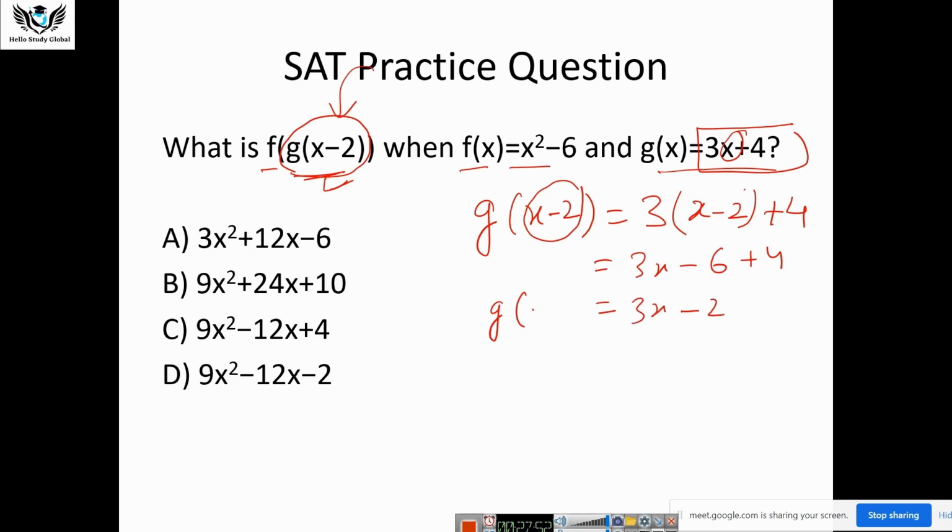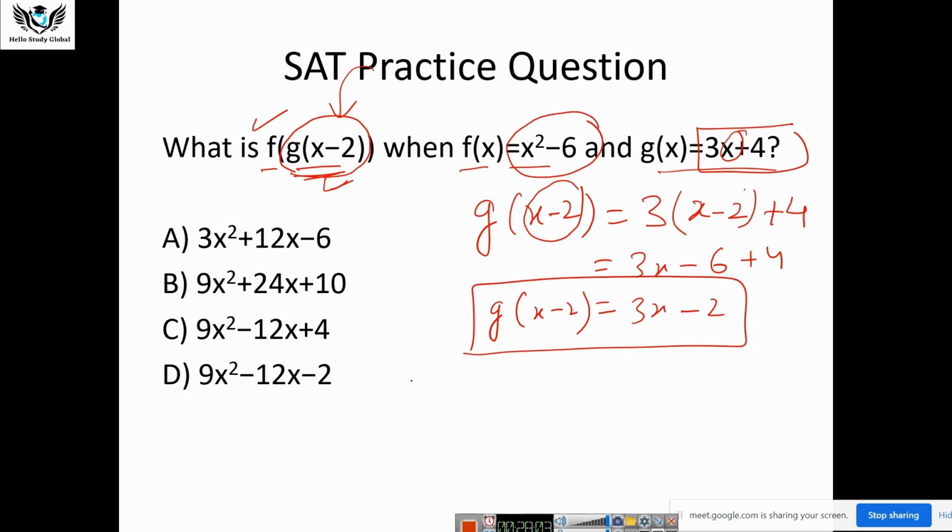So g(x minus 2) is now known. Now what do we have to find out? We have to find out f of g(x minus 2). Now f function is square of input minus 6.